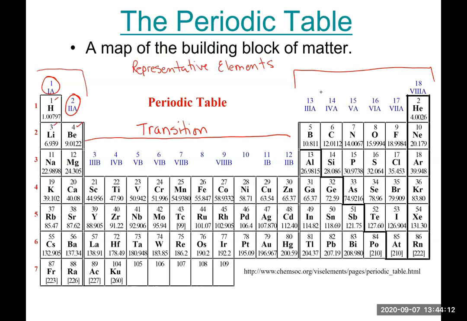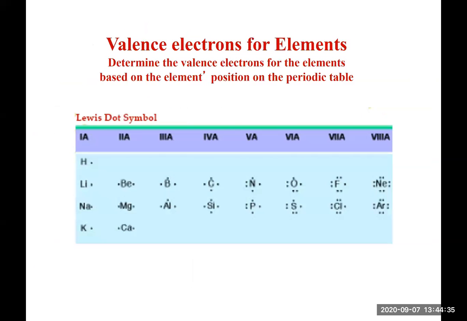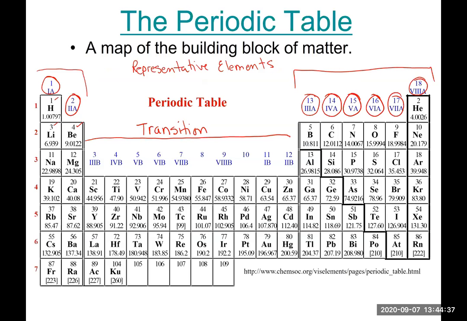We go across the periodic table. Over here, group 3A, 3 valence electrons for every species in that group, column, or family. And then 4 valence electrons, and then 5, and then 6, and then 7, all the way over here to 8 valence electrons for group, column, or family 8.